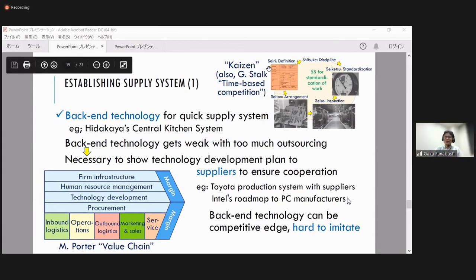That's very interesting. Usually we don't use that word in business, but maybe you can create that word, front end. But in business, there is a word about linkage: backward linkage and forward linkage.